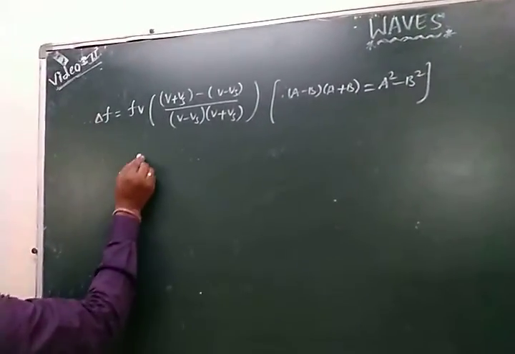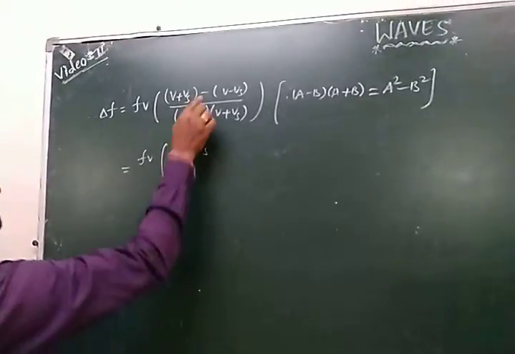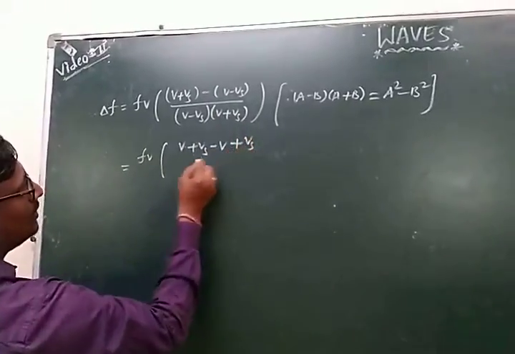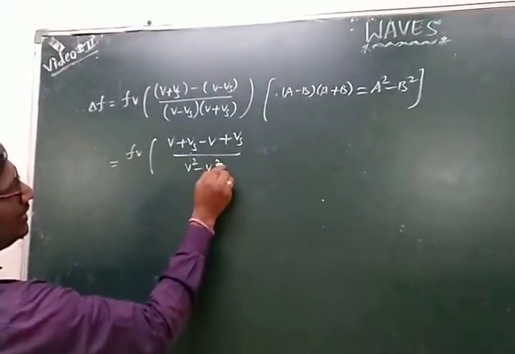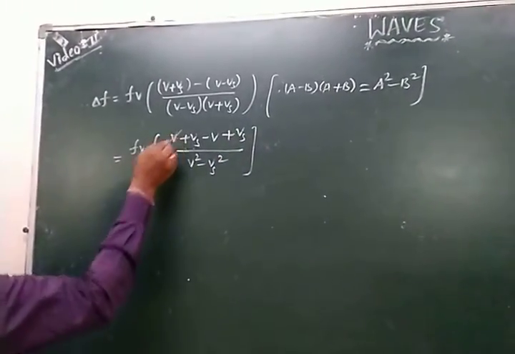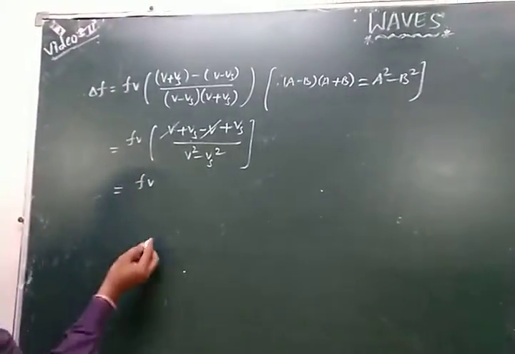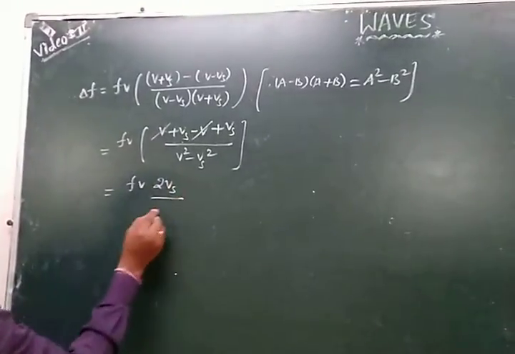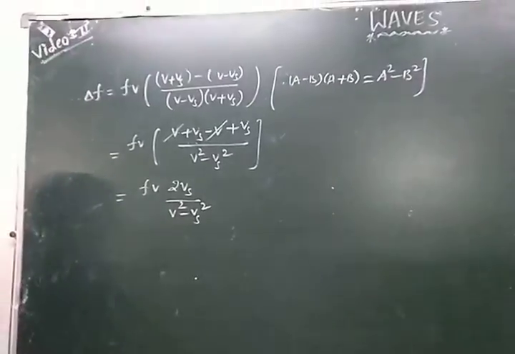Then we can substitute: F into V plus Vs minus V plus Vs, by V square minus Vs square. The plus V minus V gets cancelled. The remaining we can write is F into V, Vs plus Vs, 2Vs, divided by V square minus Vs square.